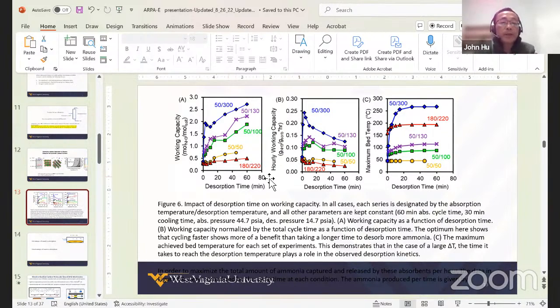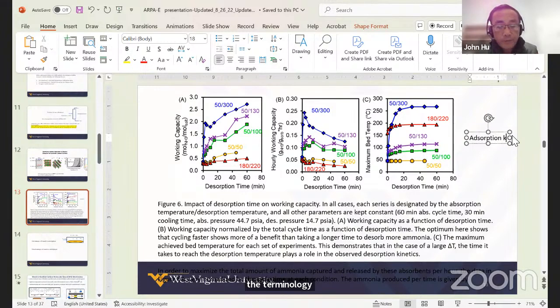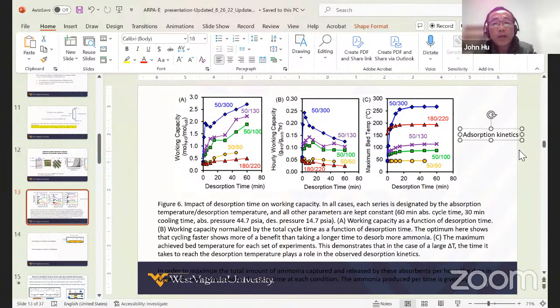So basically, in adsorption and desorption, there is the so-called adsorption kinetics. That means how fast you can adsorb.